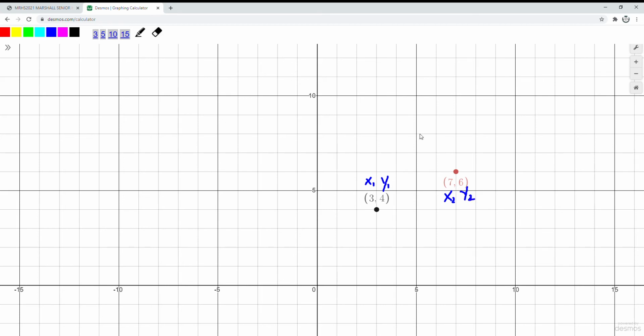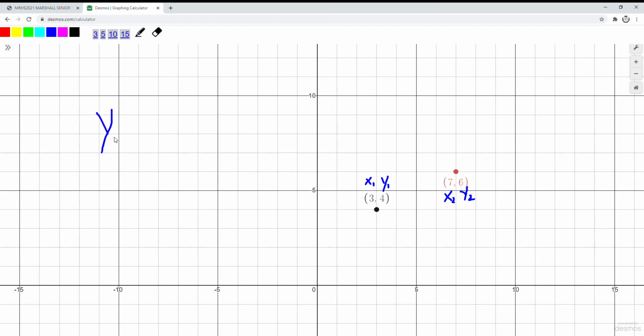Because a lot of formulas we have that talk about points or coordinates are going to have these variables in them. So I label my points with those so that whenever it says x1 or y1, I know exactly what it's talking about. So here's the algebraic formula for slope.